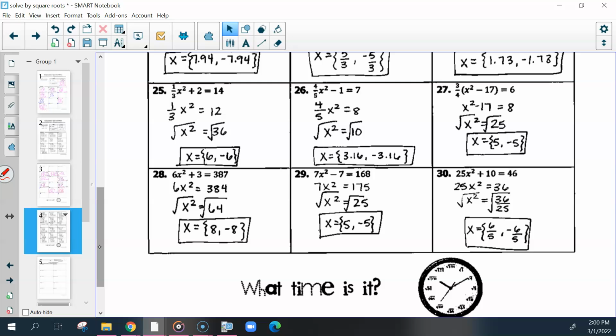Each one is something a little different, like one walks you through the steps, one is like, this person solved this, which step did they make a mistake, and then one is you actually solving it. So make sure you get those 3 done by Friday. And if you're still missing a test, come see me before or after school as soon as possible to get that done.